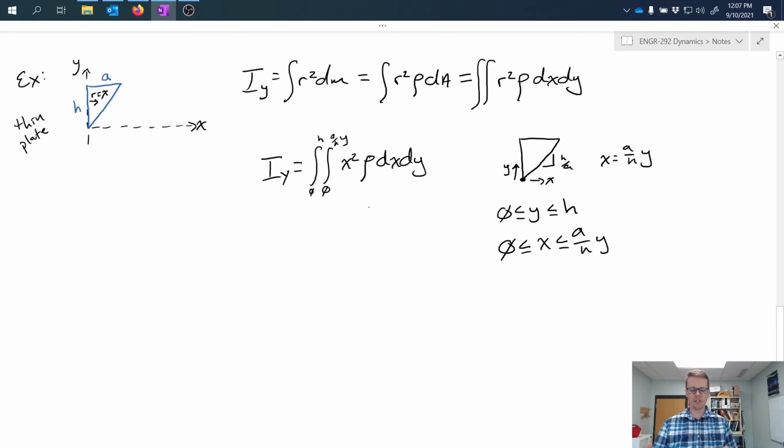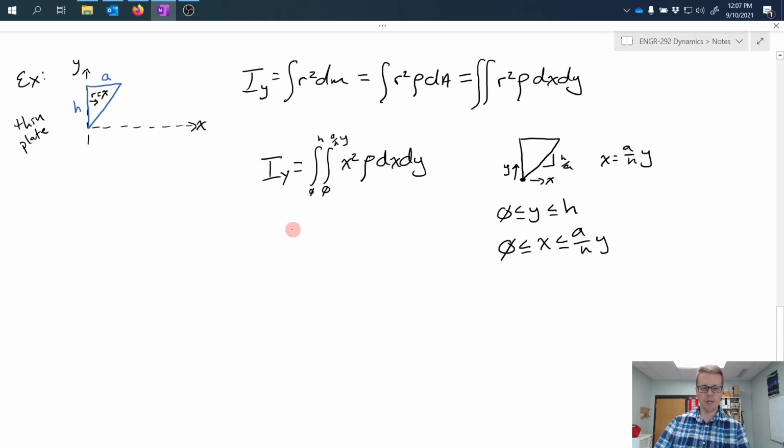And I'm going to start then by evaluating the inside portion of that integral. So my inside portion, which is x squared rho dx, I'm evaluating effectively x squared with respect to x.